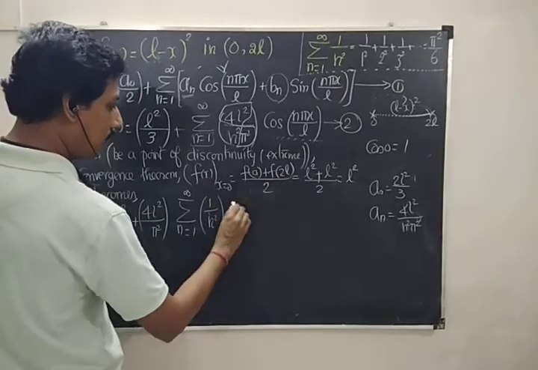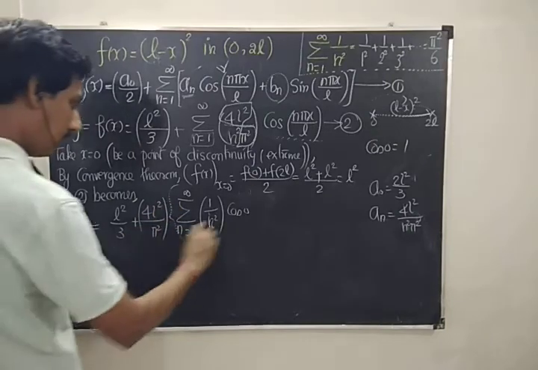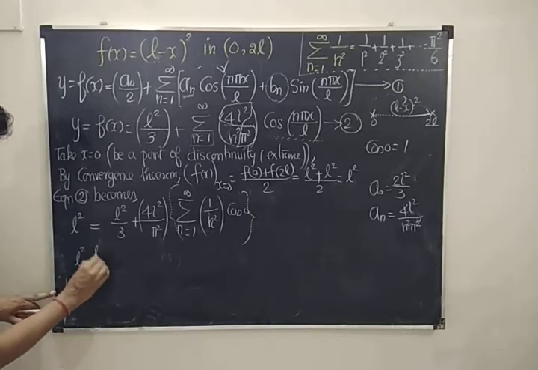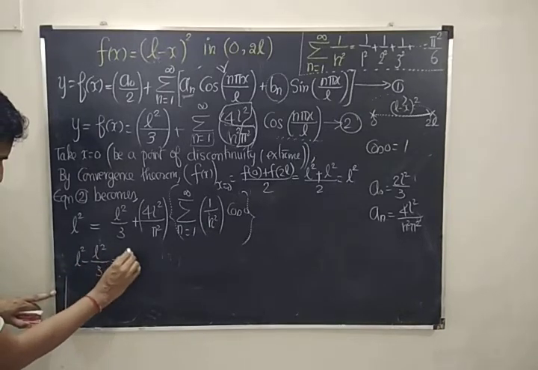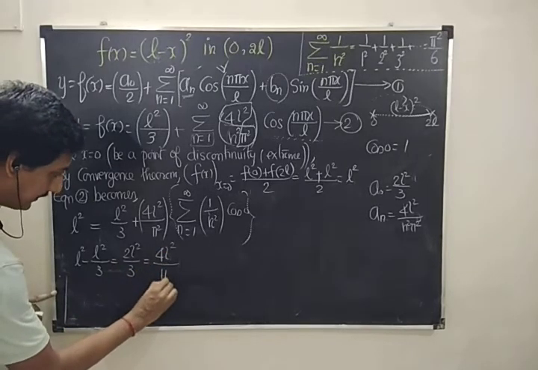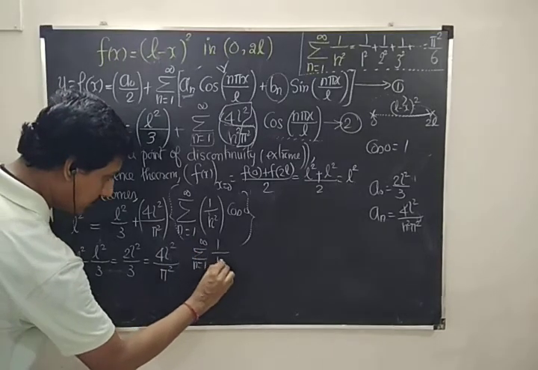What is the cos 0 value? 1. Got it? So this is my required one. So let us simplify this side. L squared minus L squared by 3 is equal to 2L squared by 3, is equal to 4L squared by pi square, sigma n equal to 1 to infinity 1 by n square.